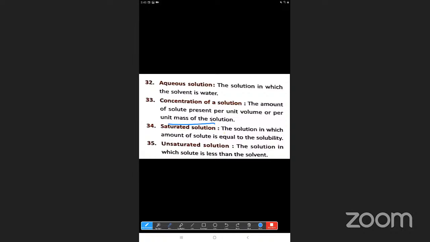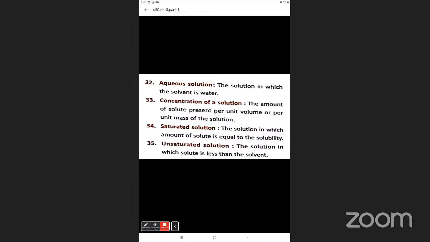Next one, saturated solution. A saturated solution is a solution in which the amount of solute is equal to the solubility. This also depends upon the solute particles only. An unsaturated solution means the solution in which the solute is less than the solubility.